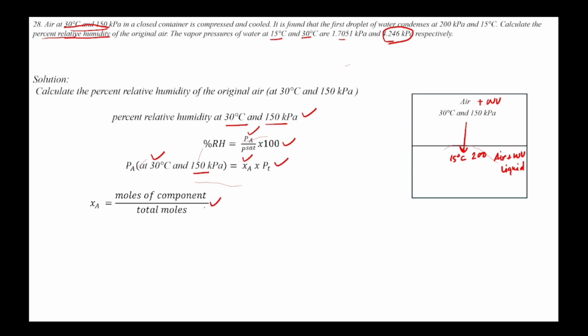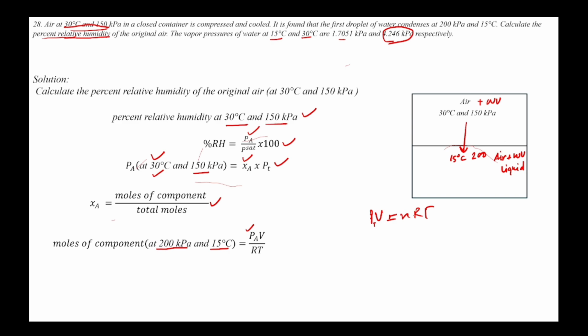Mole fraction is moles of the component upon total moles. We can't calculate the mole fraction at 150 kilopascal directly, so we will calculate it at 200 kilopascal and 15 degrees Celsius. Moles of the component equal partial pressure of component A, from PV equals nRT. This becomes total pressure if there is one component.